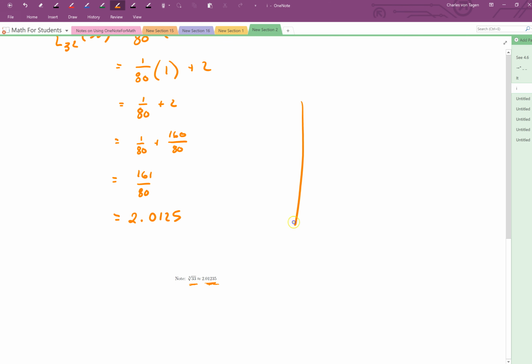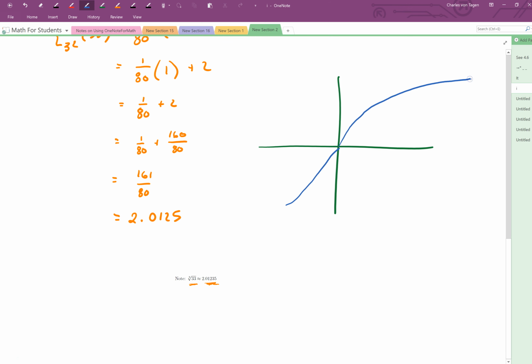So again, I want to zoom in on that curve one more time. So if this is my axes, let me do the axes in blue or a different color. Let's do the axes in green. Okay, so here is my fifth root of x function. I'm drastically exaggerating it just so we can see what's going on. At 32, we built the tangent line there.